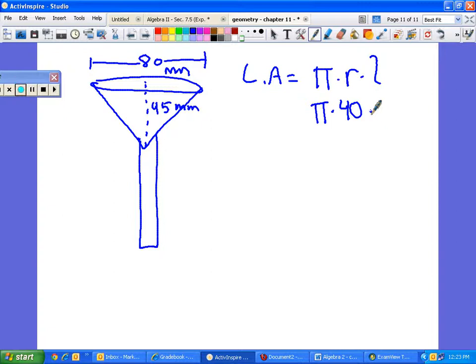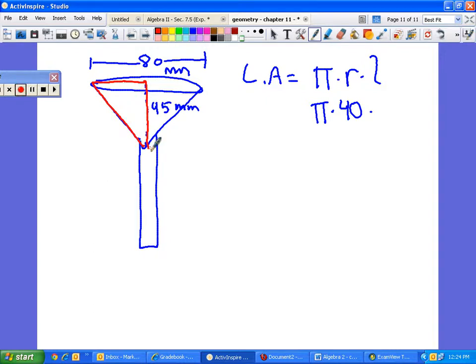The Pythagorean theorem. So we use the Pythagorean theorem, yes. Here's my triangle.